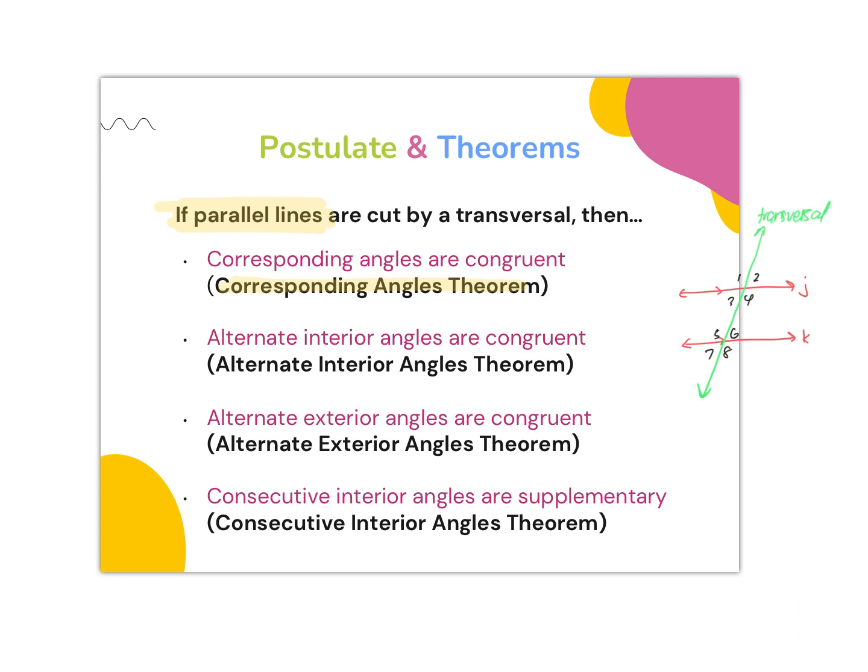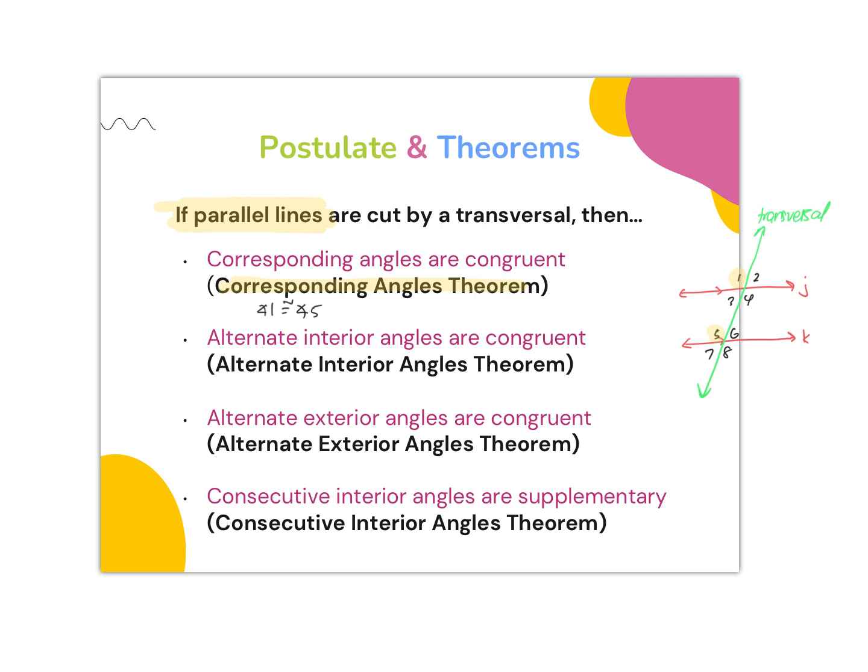Now, when we're talking about these corresponding angles, remember that the corresponding angles are the angles that are in the same location relative to both lines. So, for example, angle 1 and angle 5 constitute corresponding angles. And so in this, angle 1 would be congruent to angle 5.